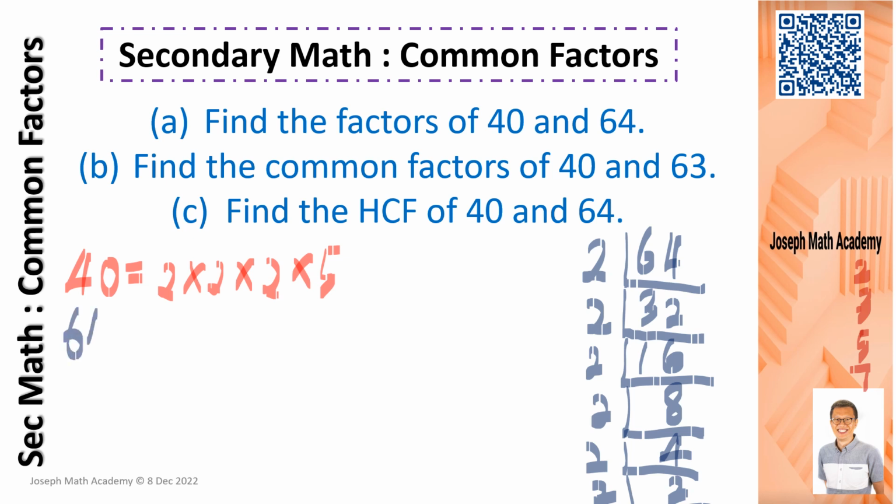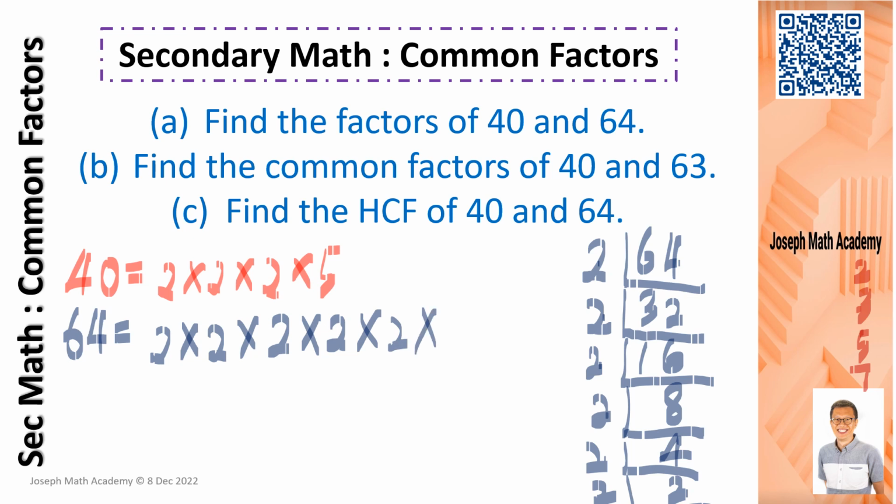So 64, writing in the product of its factors, prime numbers, will be 2 appearing how many times? 1, 2, 3, 4, 5, 6. So 2 times 2 times 2 times 2 times 2, one more.